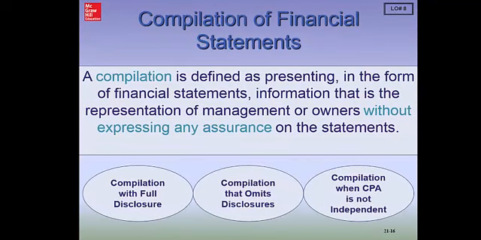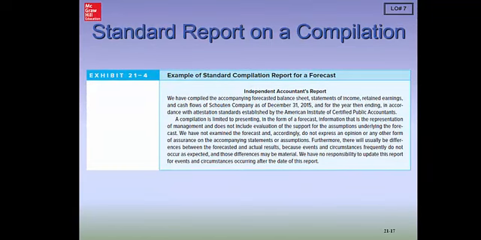In the compilation, we could, in fact, create a compilation when the auditor is not independent. A compilation is defined as presenting in the form of financial statements information that is the representation of management without expressing any assurances on these financial statements. An example of a compilation is a compilation report.